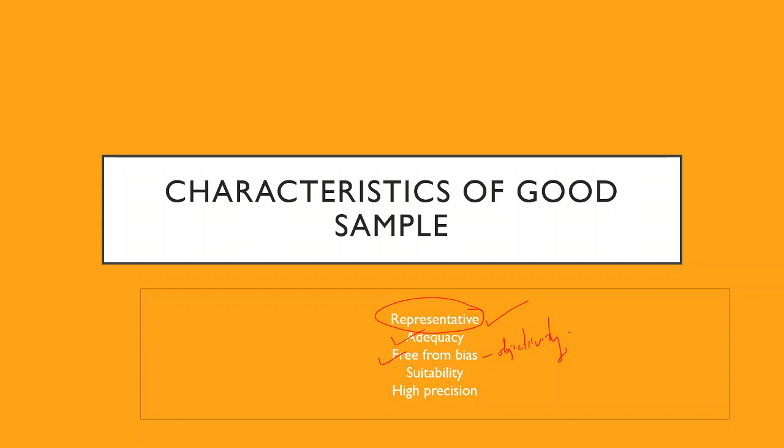And the last one is high precision. That means the sample should have a high degree of precision, and this precision is measured by sampling error, and we will see the concept of sampling error towards the end of this video. So these are some of the characteristics of a good sample.